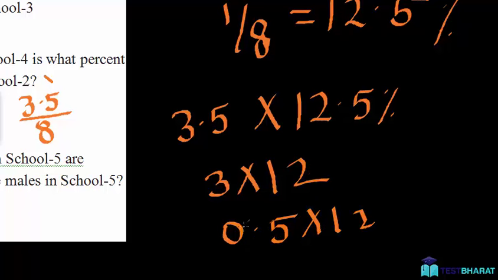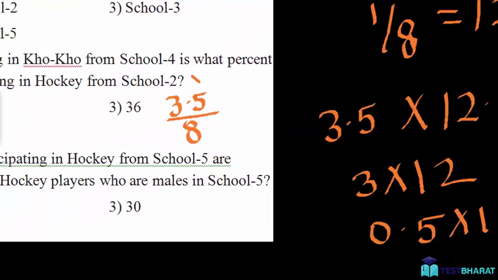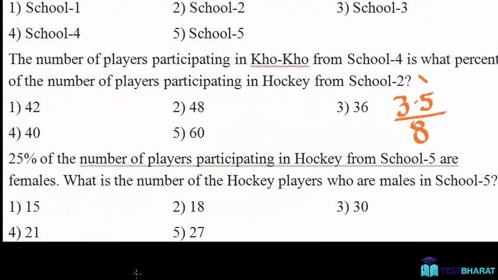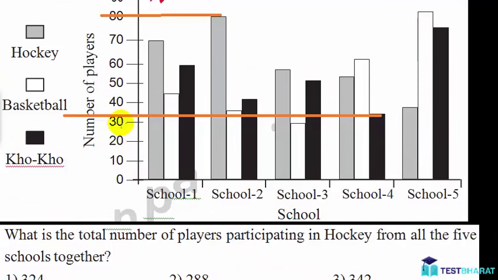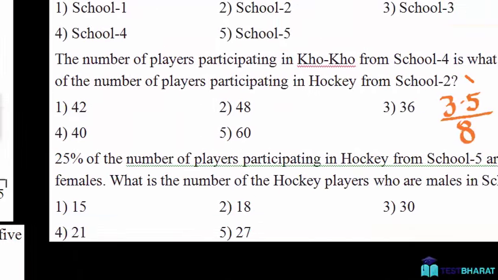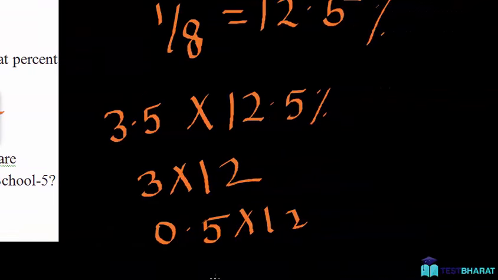In this we are also not sure whether it's 35 or something, because I just roughly marked it at 35. It's somewhere below. You can check it with a ruler definitely, because here I cannot do this properly because of paper constraint. So the idea is, if you got the ratio 3.5 by 8, you know 1 by 8 is 12.5%, whether it's 3.4 or something, you just multiply like this.